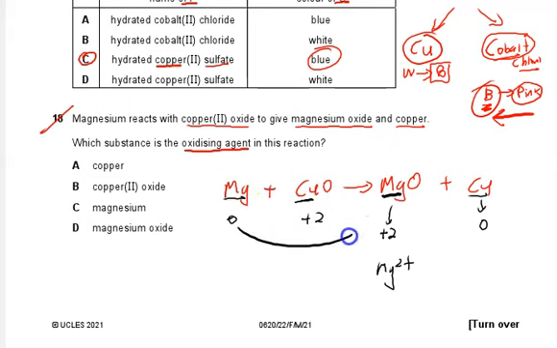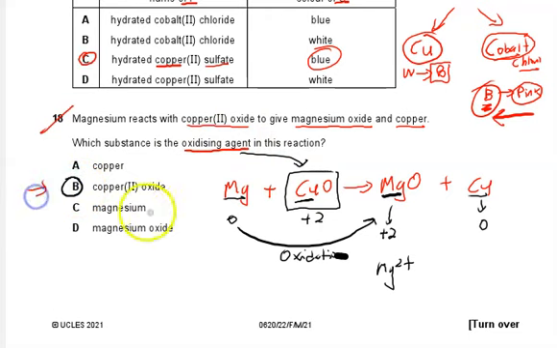So magnesium is oxidized, this is the oxidation process. But the one helping magnesium to get oxidized is this, so this is the oxidizing agent. The oxidizing agent is copper oxide. So your answer here is B for number 18.